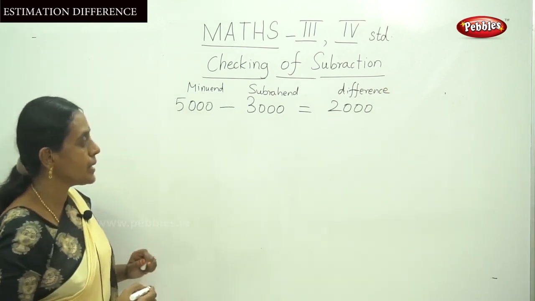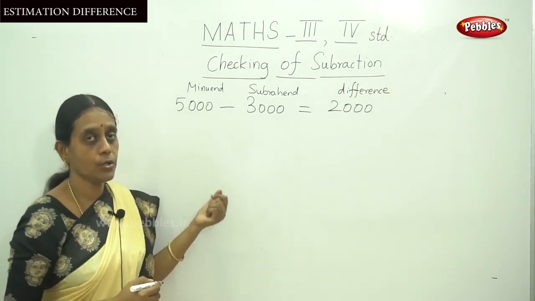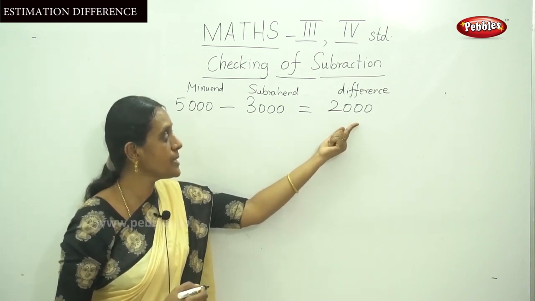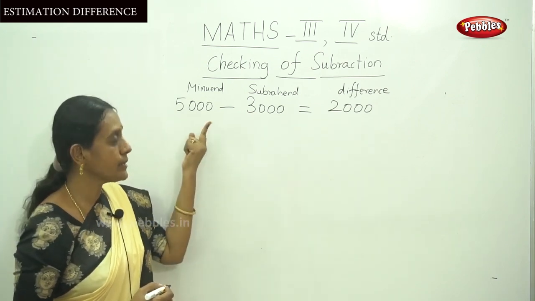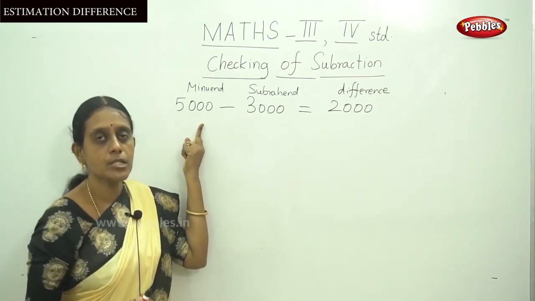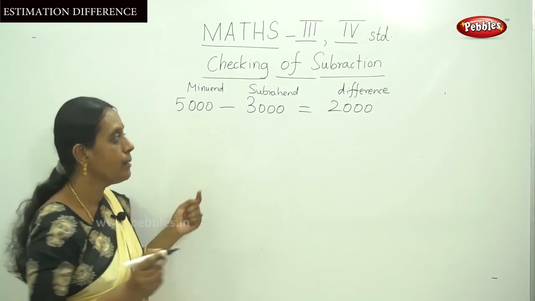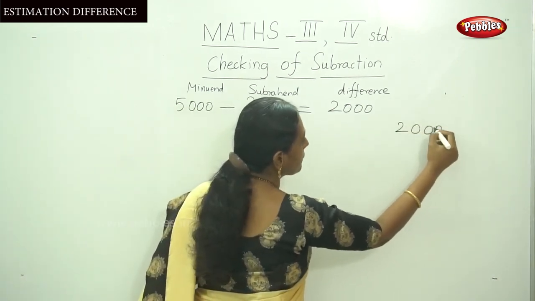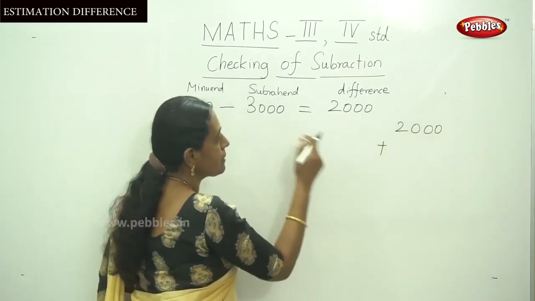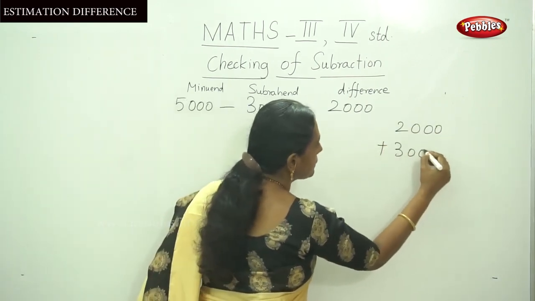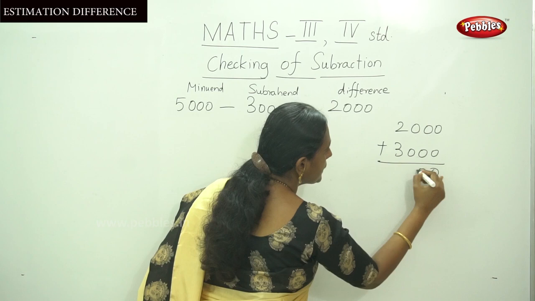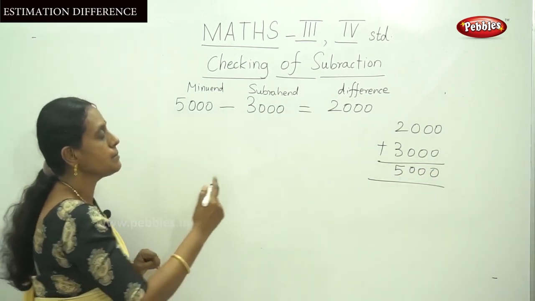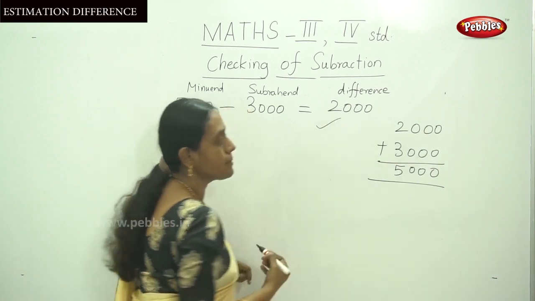To check whether the answer is correct, add the difference and subtrahend and you should get the minuend. So 2000 plus the subtrahend 3000 gives 5000, so our subtraction sum is correct.